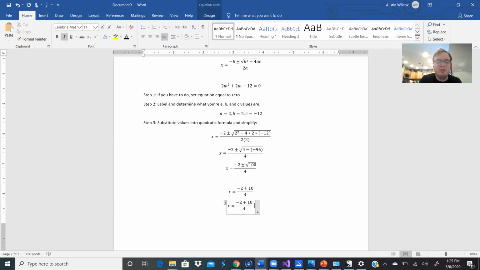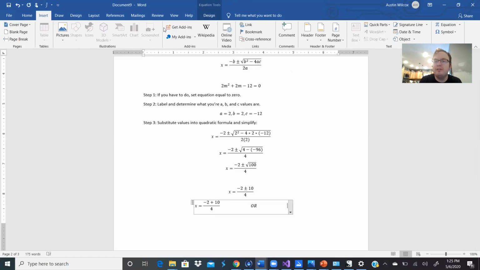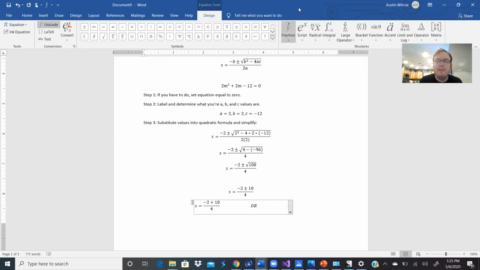And my second solution is very similar to the one that we just had, but now x is equal to negative 2 minus 10, divided by 4.